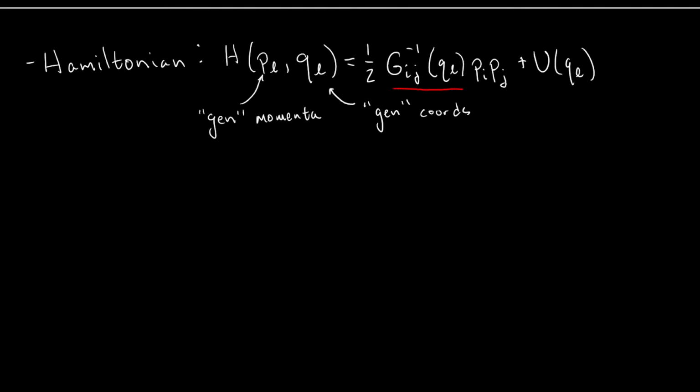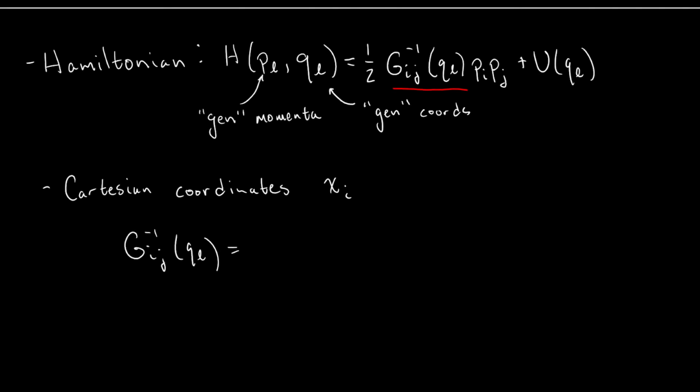So, this G inverse ij thing, we found that we can find it from a set of Cartesian coordinates. If I have some set of Cartesian coordinates x_i, then I can find G inverse ij of q equal to the sum over k of 1 over m_k, where m_k is the mass of this kth degree of freedom, right?